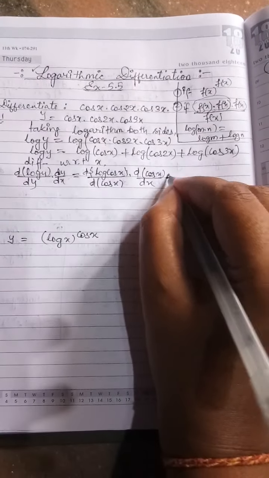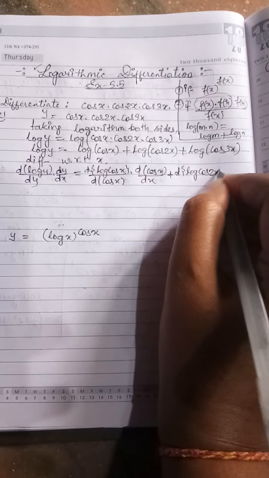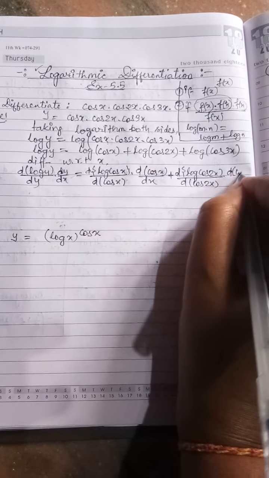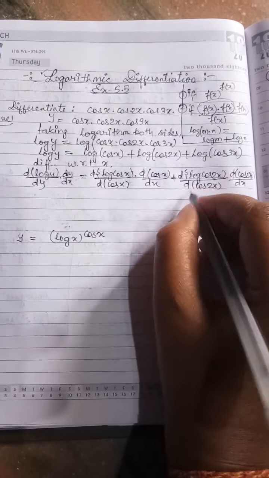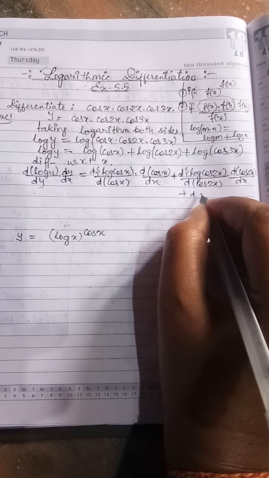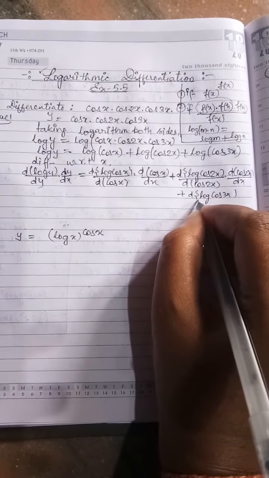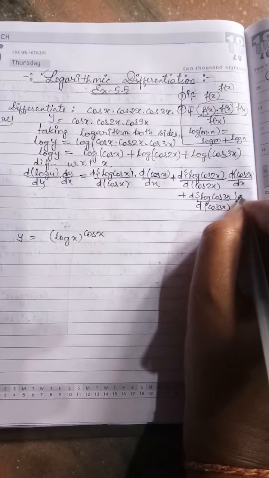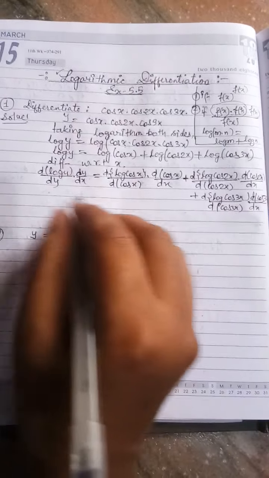Similarly for log cos 2x, it will be d of log cos 2x divided by d of cos 2x into d of cos 2x divided by d of x, and then plus d of log cos 3x divided by d of cos 3x and then d of cos 3x divided by d of x.